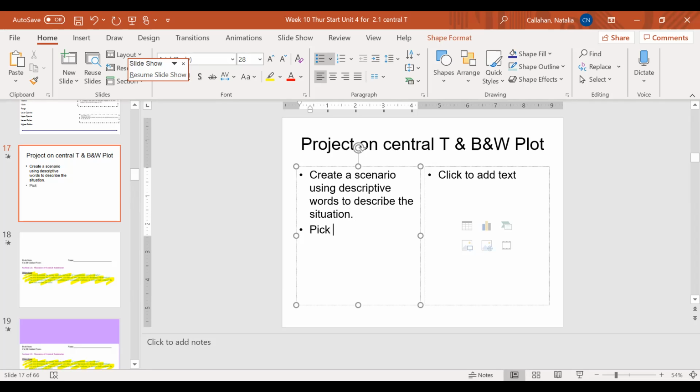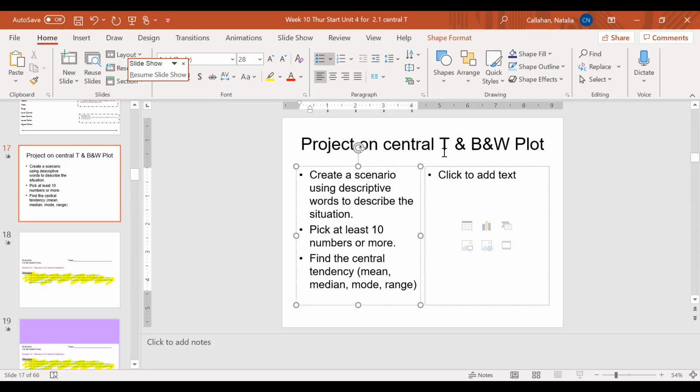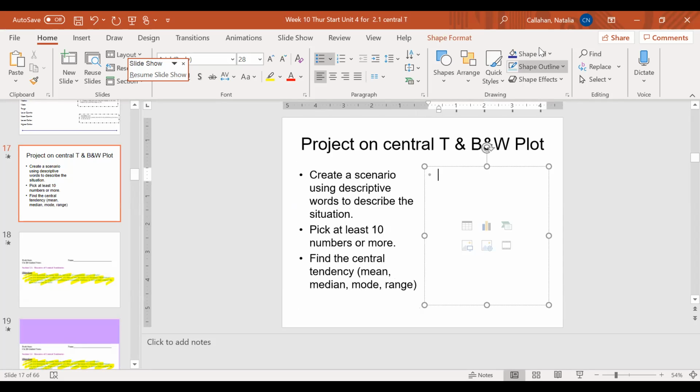You are going to pick at least 10 numbers or more. I want you to find the central tendency, so essentially the mean, the median, mode, and range. But then I also want you guys to go ahead and find the median, the upper quartile, lower quartile, the lowest outlier, and the highest outlier.